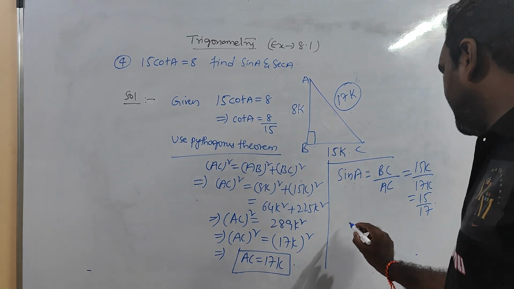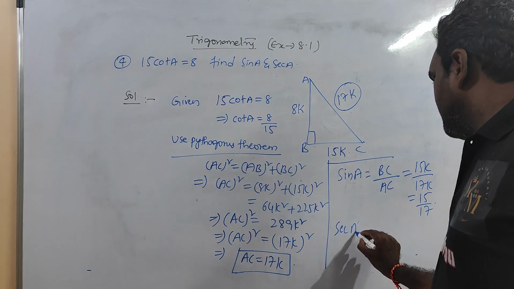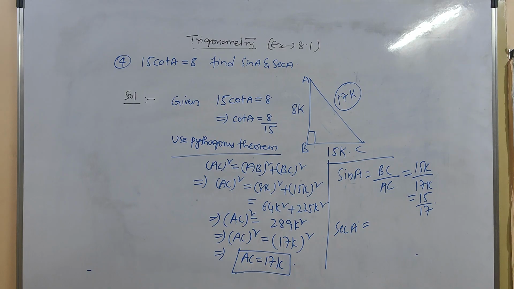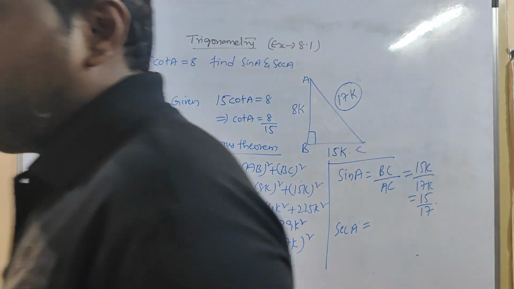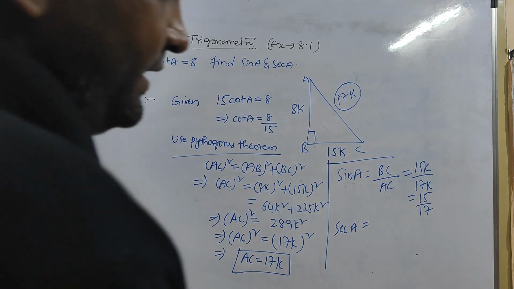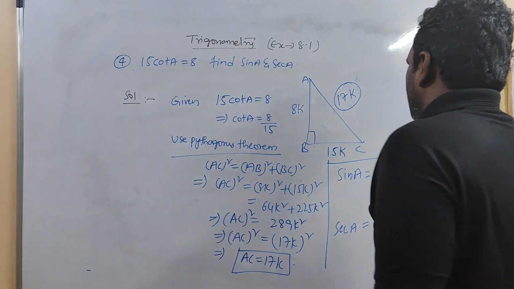And what about secant A? What is the definition for secant? If you don't know the definition for secant, you go with the definition for cos. Definition for cos is adjacent by hypotenuse. Then secant is the reciprocal, right? So hypotenuse by adjacent has to be.